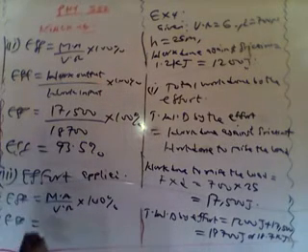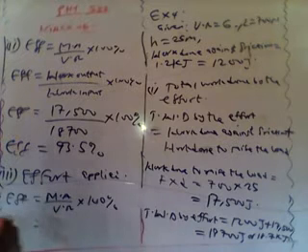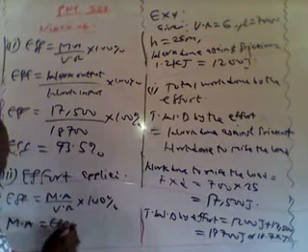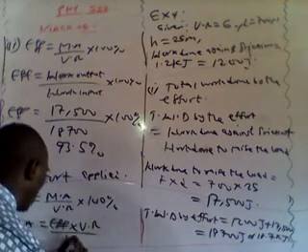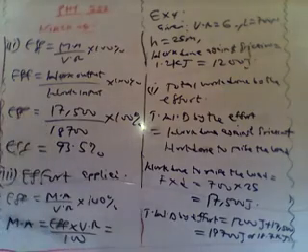So from here, let's substitute all this. MA will be efficiency multiplied by velocity ratio divided by 100.